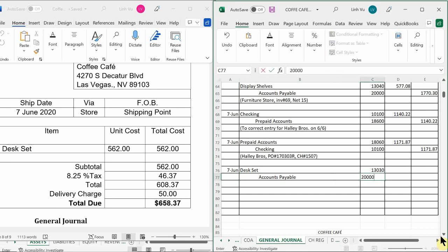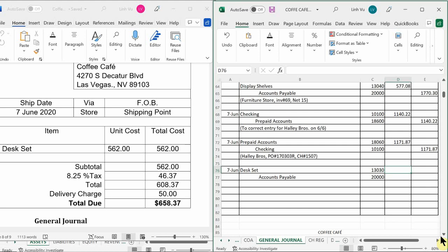So, okay. In this case, what is now going to be the total amount for my desk? The $658.37, because this price already includes the tax and the freight charges. Because we only bought one item and one item only, this is what the total came out to be.